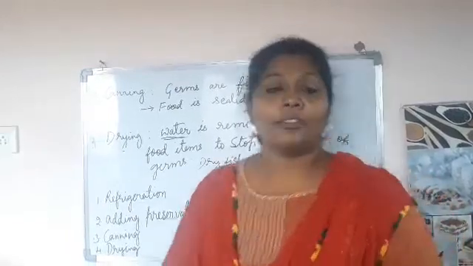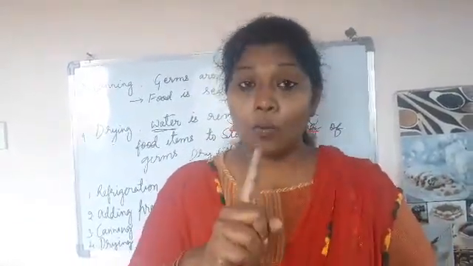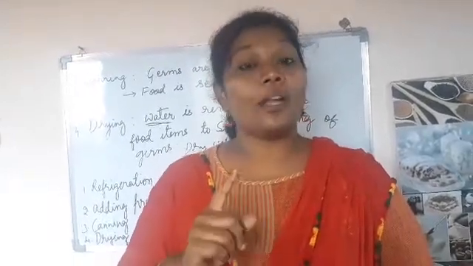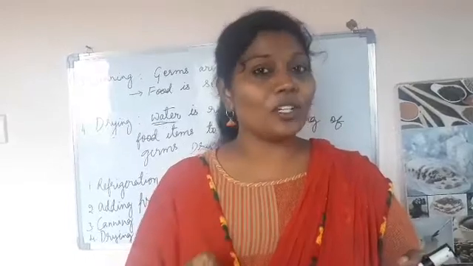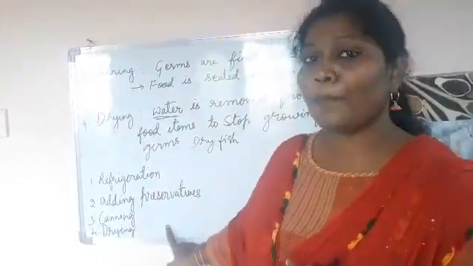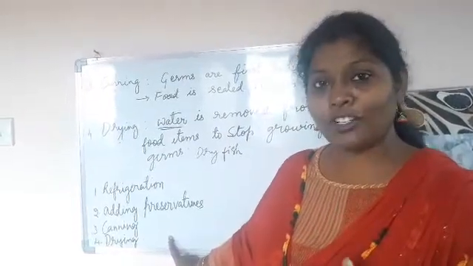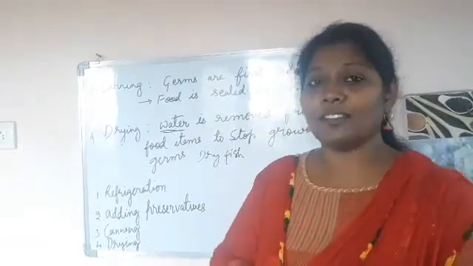Very good, children. After watching this video, I want you to write down in your classwork book the spellings which I have given on the board. Write each word 3 times.